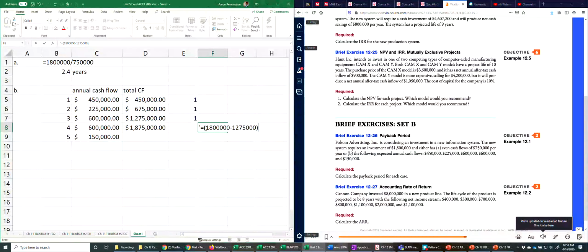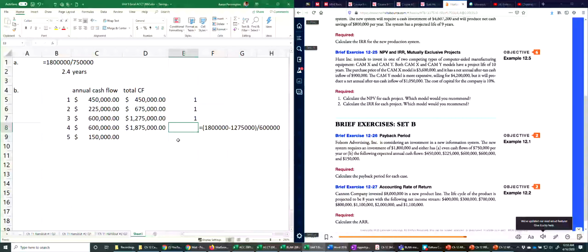We'll take the difference between those two numbers, and that gives us basically the cash flow needed to break even in year 4. Then just divide that by the cash flow. Since we're assuming it's earned evenly throughout the year, the cash flow to be earned in year 4 is the 600,000.